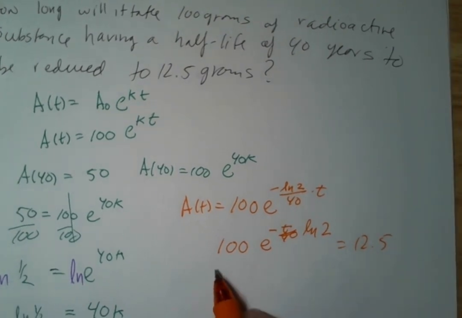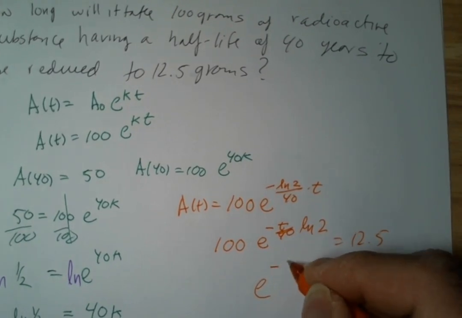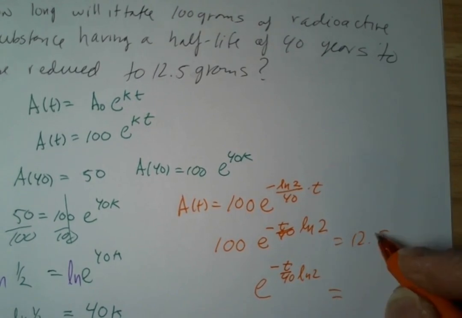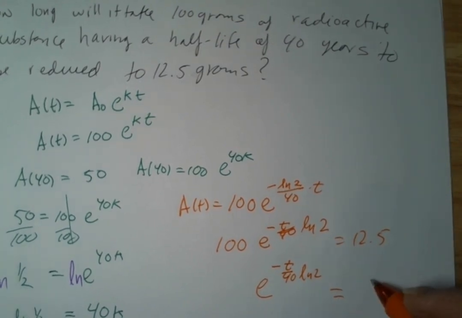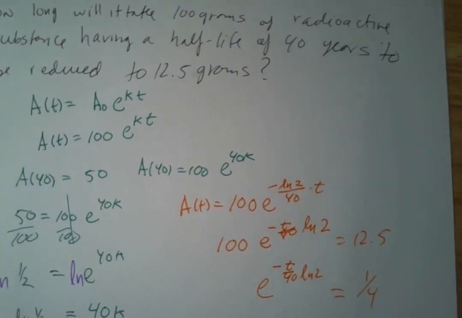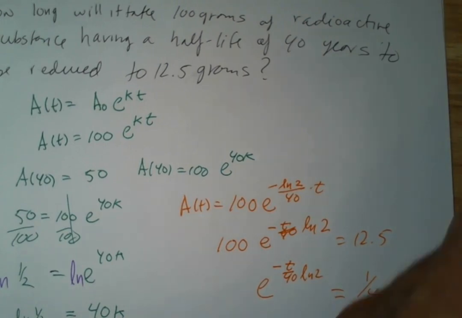Same approach here, we divide by 100, so we get e to the negative t over 40 ln of 2 equals 12 and a half over 100, which is, sorry, not 1/4, 1/8.